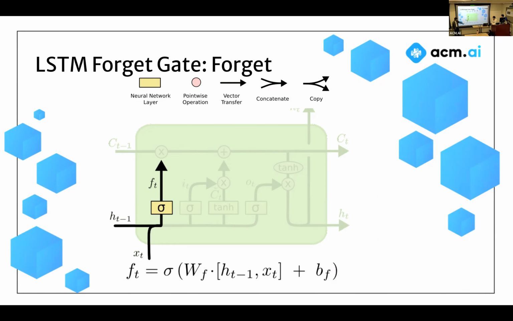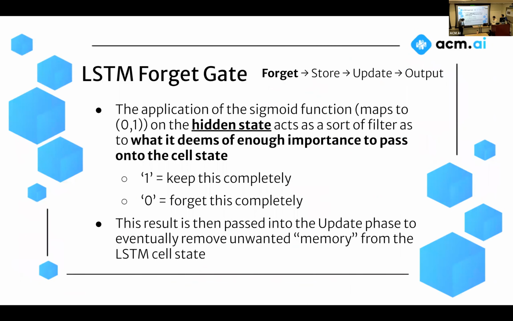All it does is it takes information of the previous states and the current states, and it computes a matrix that generally has two values. This matrix can have values of either 1 or 0, or technically anything in between, because again, we're using a sigmoid to limit all of that.